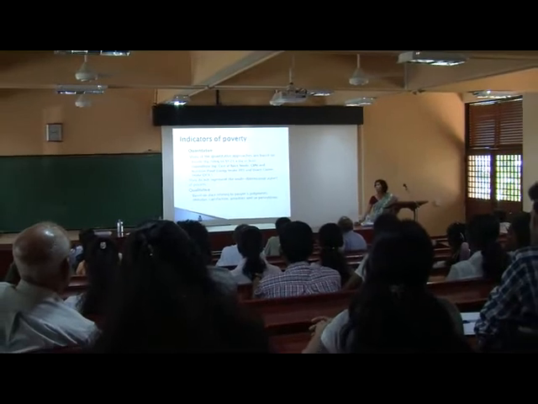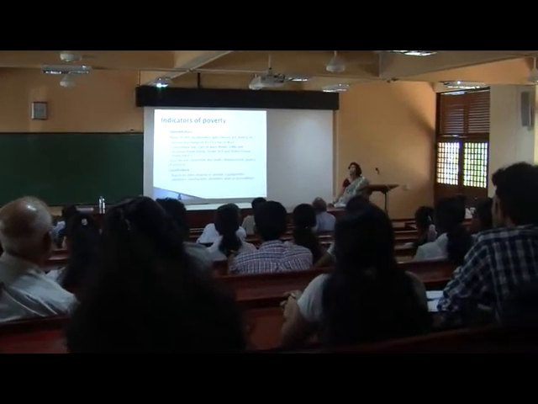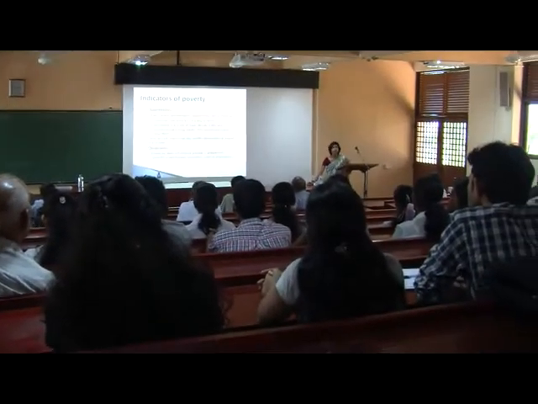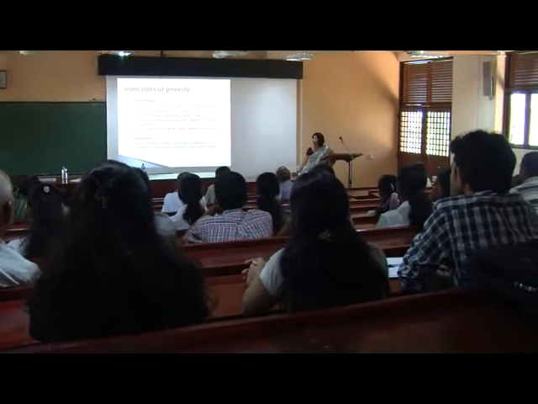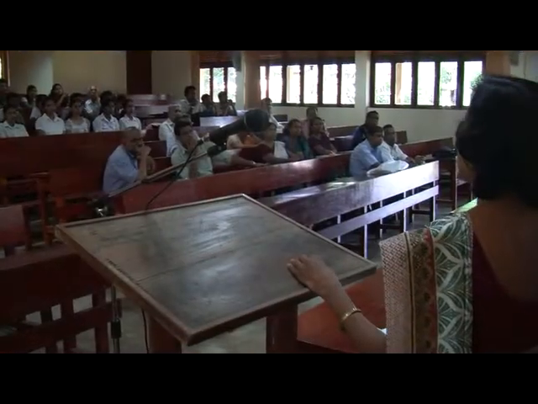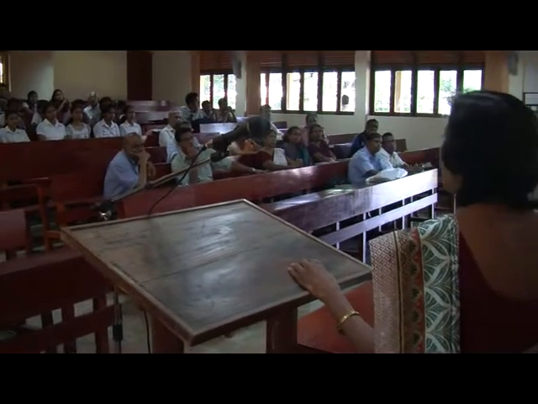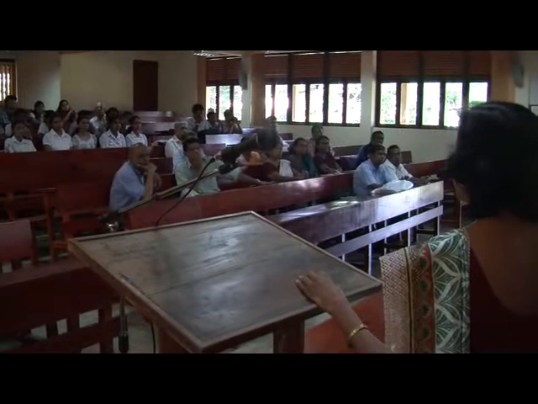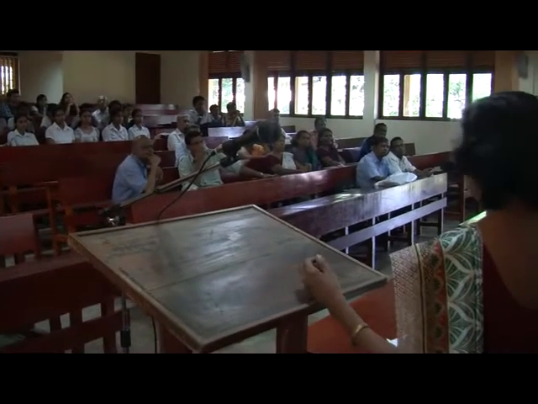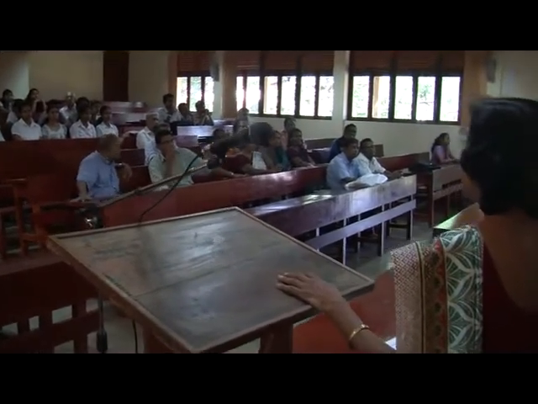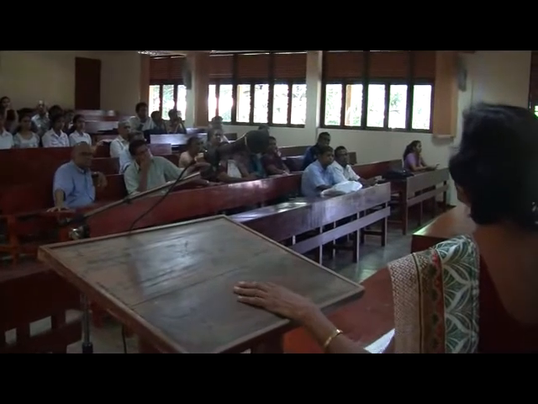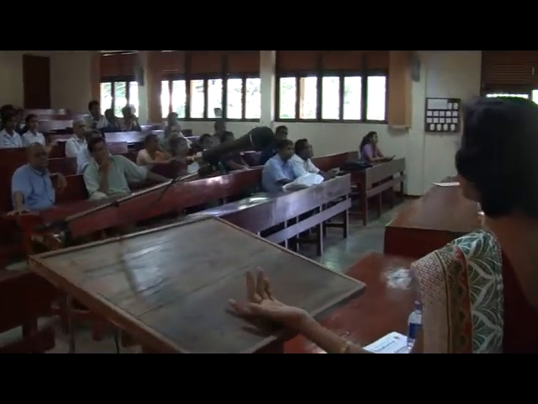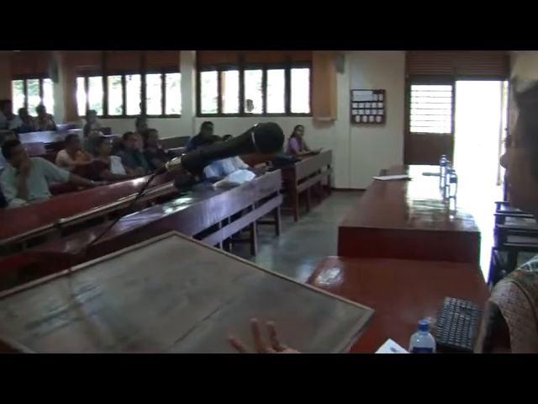When we talk about the indicators of poverty, they can be quantitative or qualitative. This is about $135 around, sorry, in Sri Lankan rupees. So is that enough to live? You have to satisfy your basic needs. Is that sufficient?